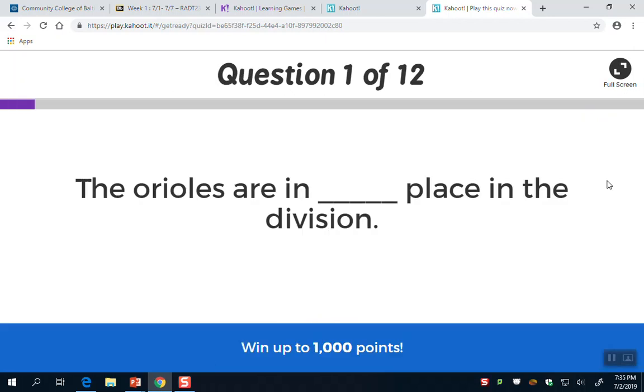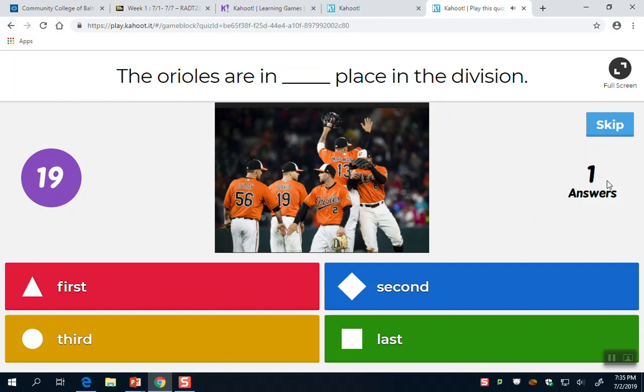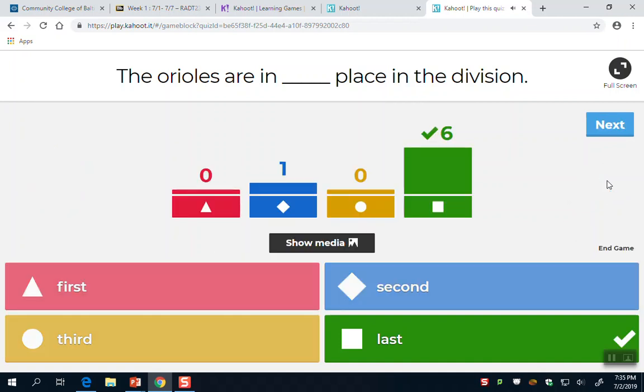Keep them to yourself. Okay, yeah, the Orioles are currently in last place, so that's okay.